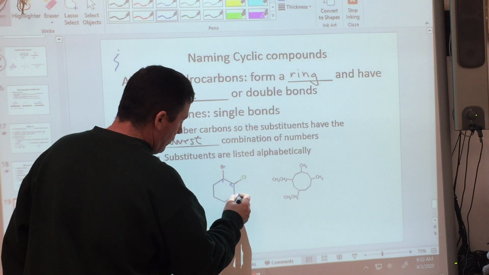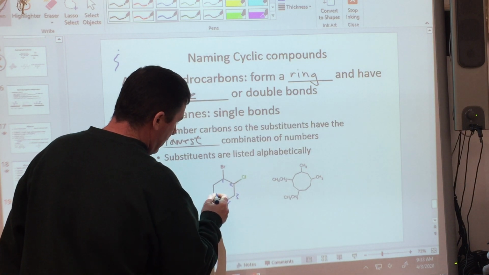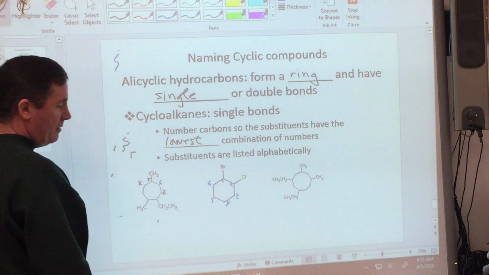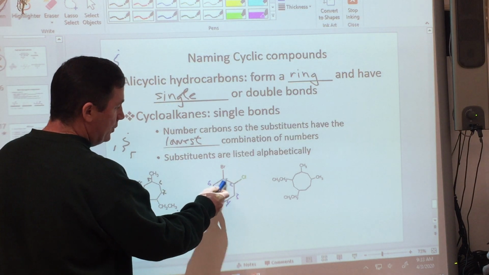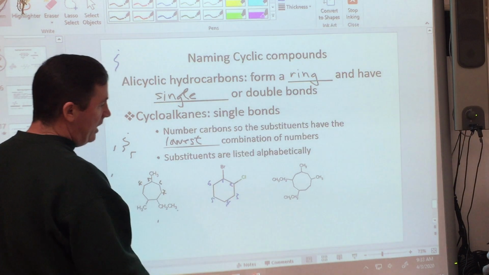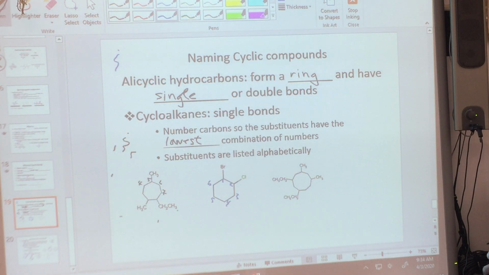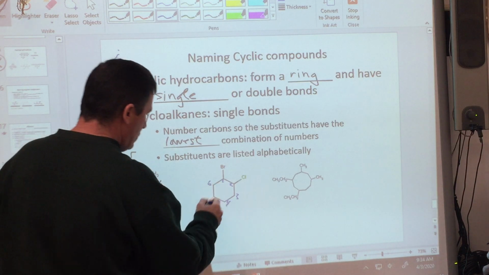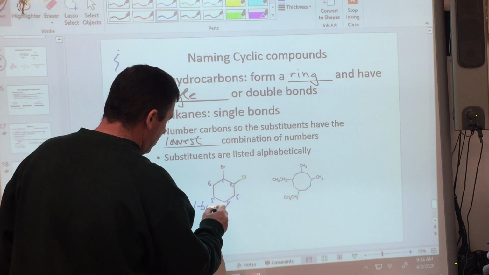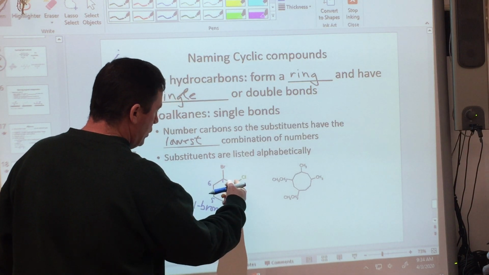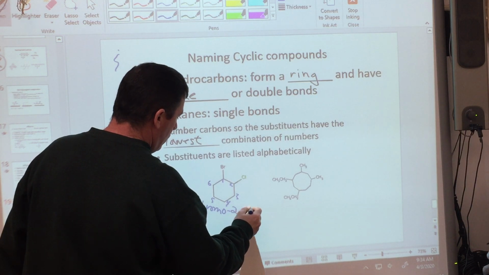This is 2, 3, 4, 5, 6. Now this could be 1, 2. It would make it the same, but if I have the choice, I'm going to go with the alphabetical first. Okay, so this is 1 bromo, 2 chloro.